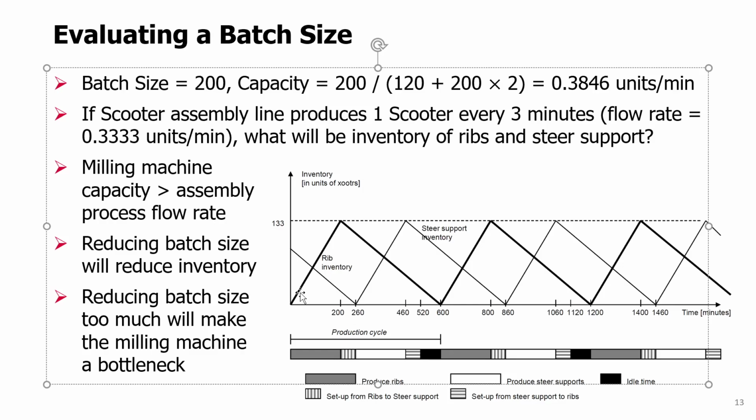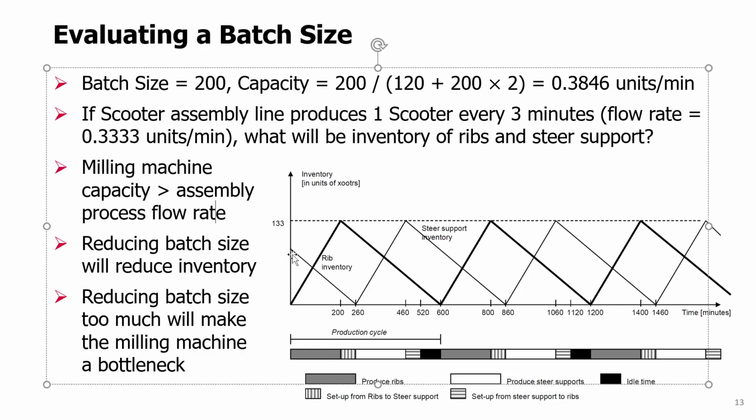So if you produce the batch of 200, during this production you will actually use 66.6 or 67 roughly units. So the maximum you should reach will be 133. That's 200 minus what is consumed during 200 minutes, roughly 67 of the ribs, or pairs of ribs.